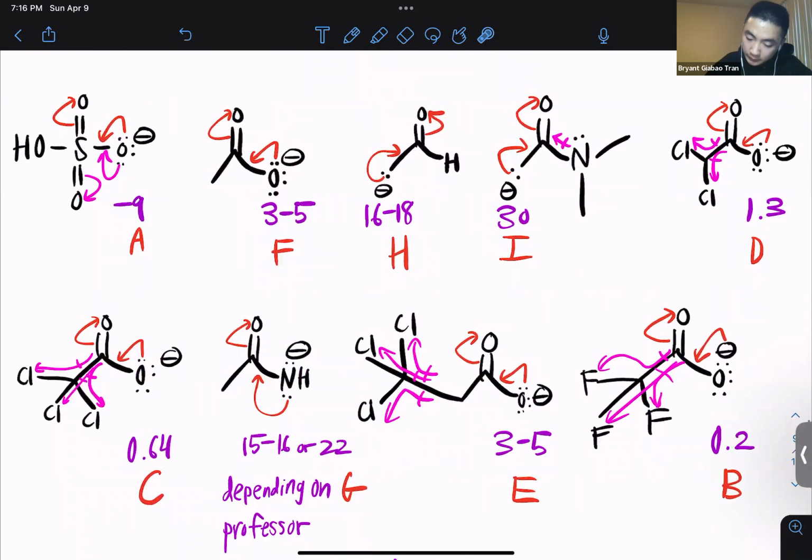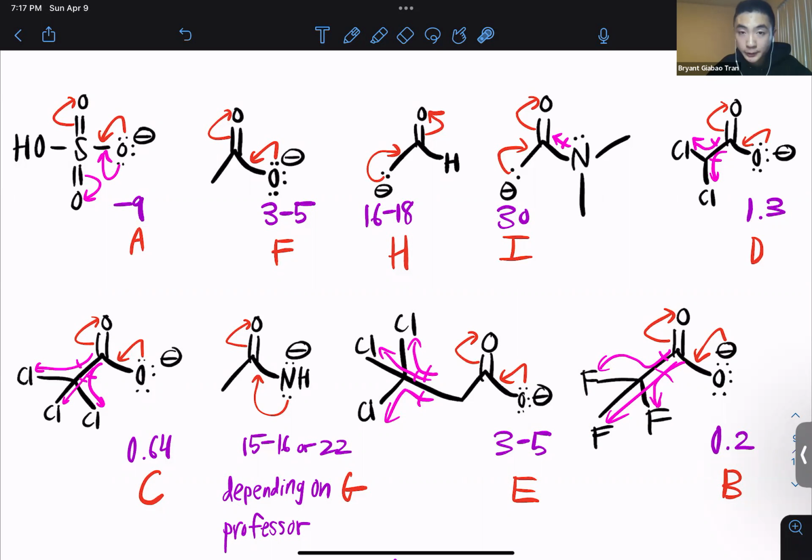So the next most acidic compound would be this with the pKa of 0.2, because this carboxylate negative charge can do resonance, and it has inductive effect of the most electronegative atom, fluorine, and 3 of them. So the inductive effect is pulling the negative charge away, making it more delocalized. And since it's more delocalized, it will become a more stable conjugate base.